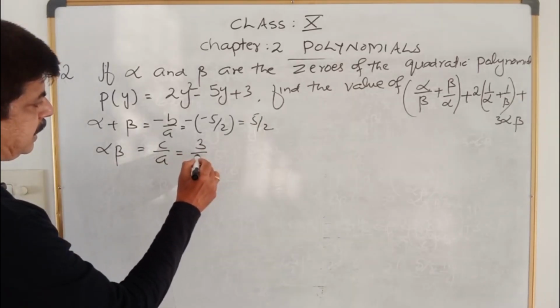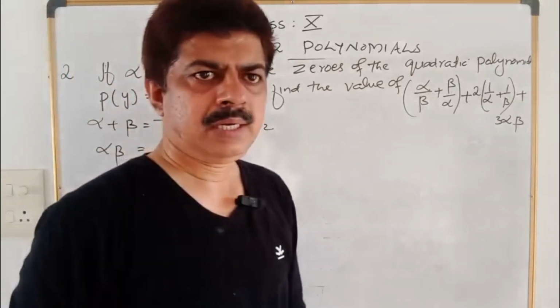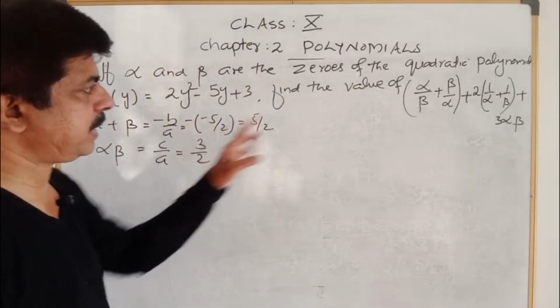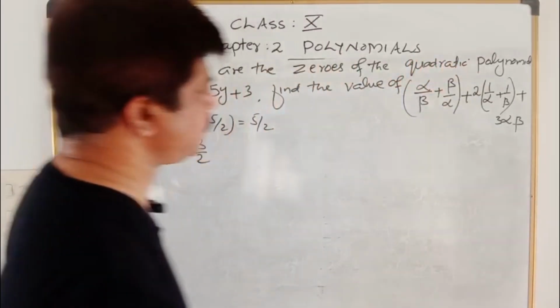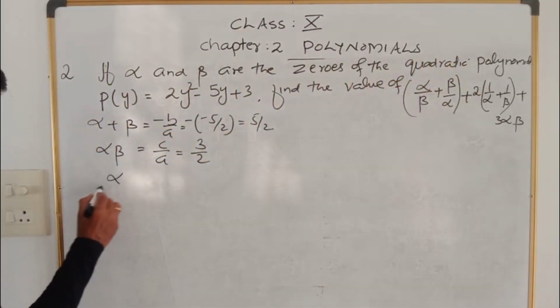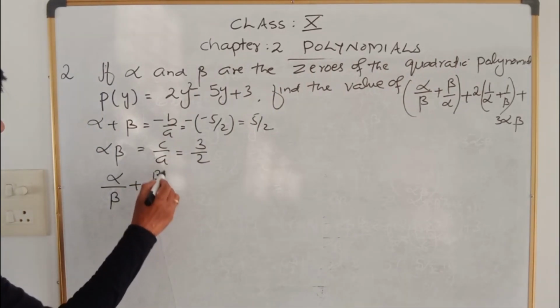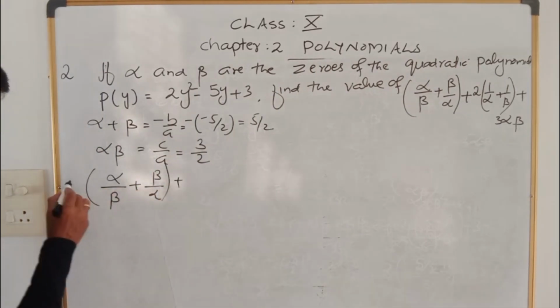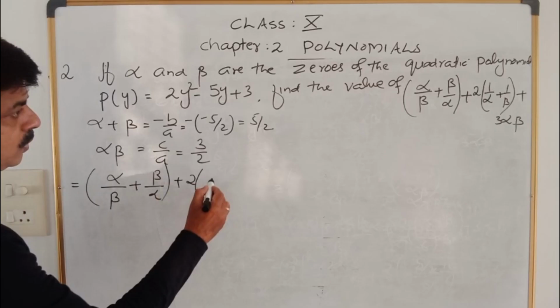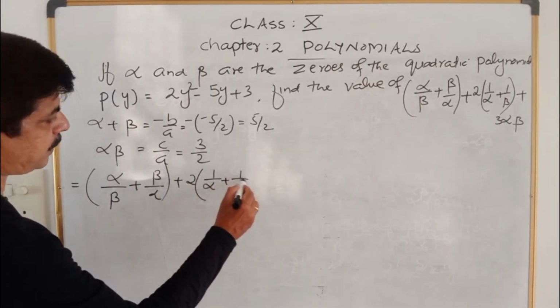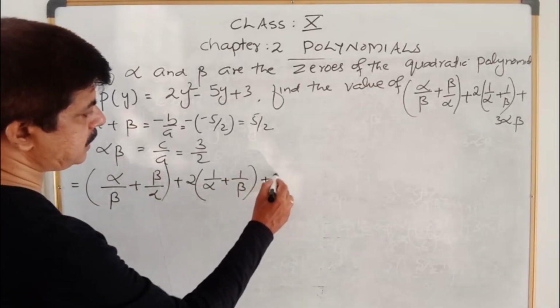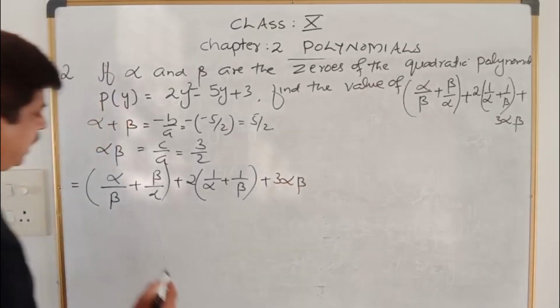And alpha beta is c by a. What is c by a? 3 by 2. Okay, we found the values of alpha plus beta and alpha beta. Now we use these to substitute. Alpha by beta plus beta by alpha in a bracket, plus 2 into 1 by alpha plus 1 by beta, plus 3 alpha beta.